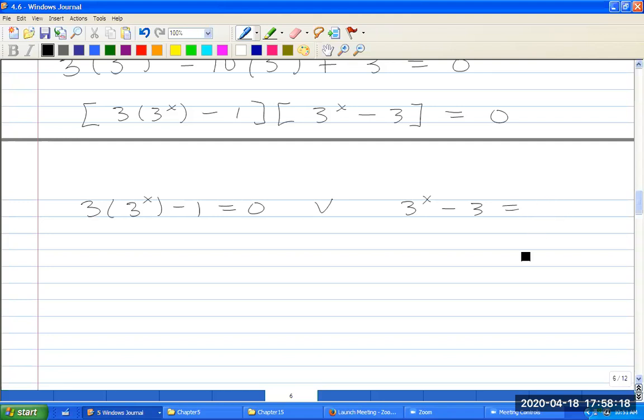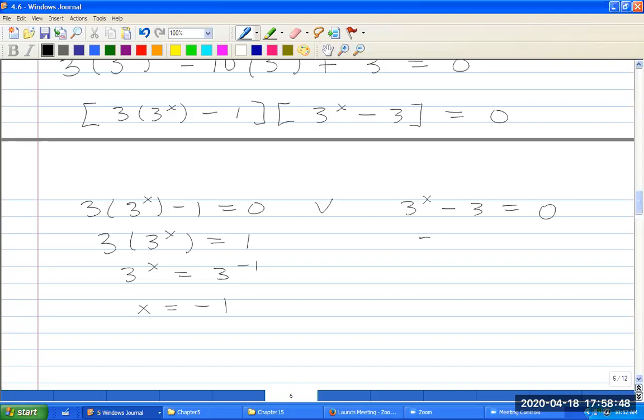Add 1 to both sides of your equation. 3 to the x equals 1. Divide by 3. Since the bases are the same, and the exponential function is injective, the exponents must be equal. I have that x must equal -1.